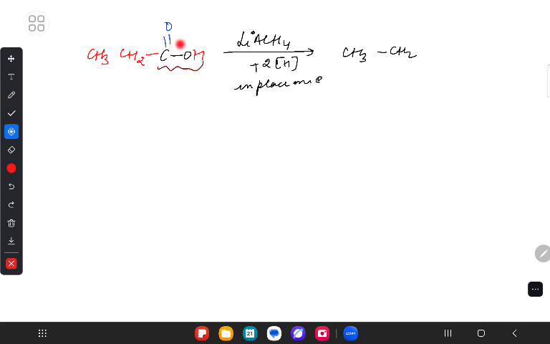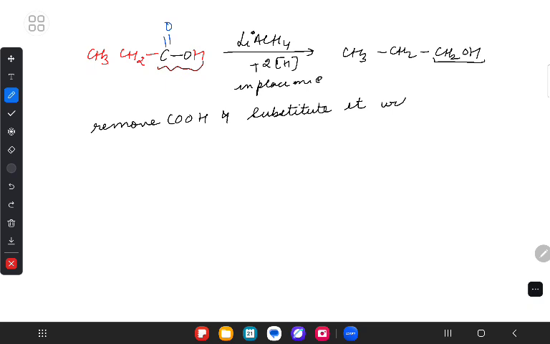Entire reduction is happening only in this group. So all I do is substitute this with the CH2OH group. So all I can say is remove the COOH group and substitute it with the CH2OH group. Are we understanding the point?